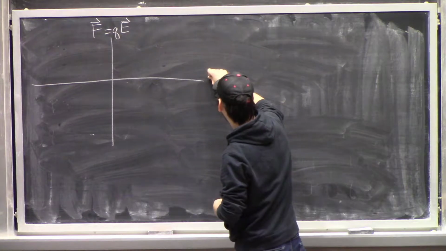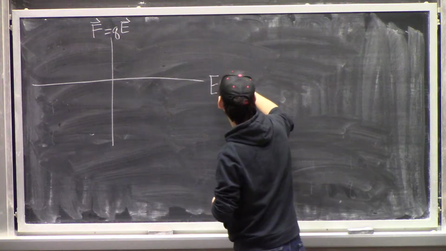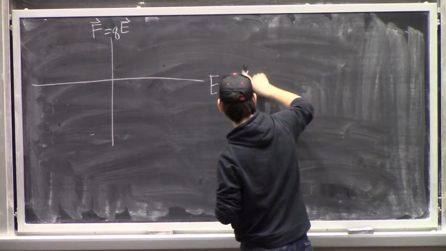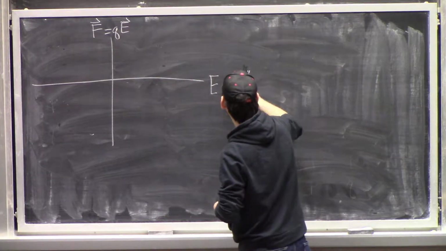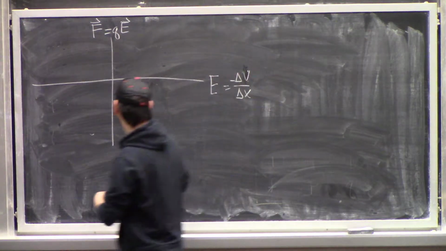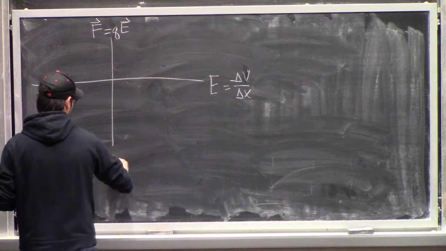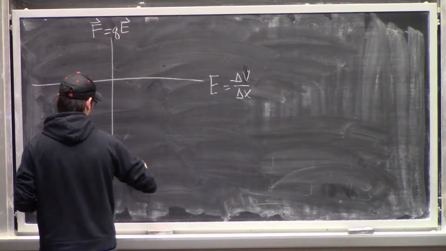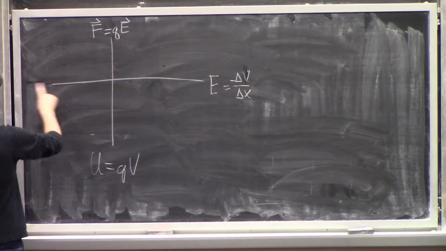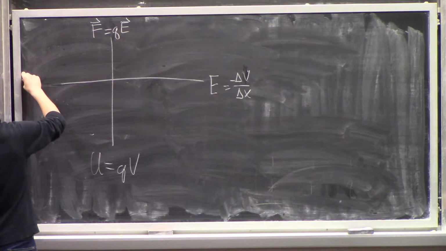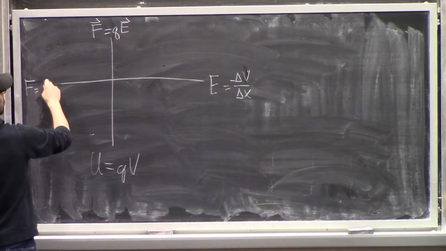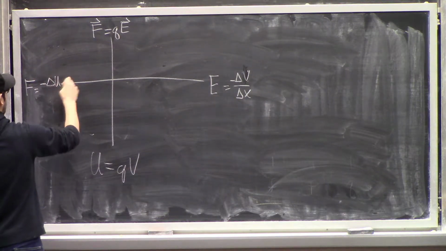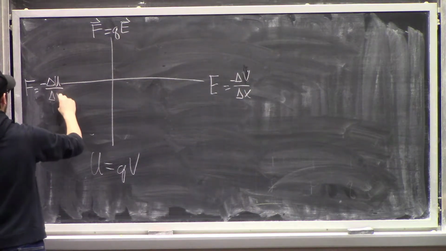The electric field is going to be equal to the negative change in electric potential divided by the change in distance. The potential energy is going to be equal to Q times V, and the force is going to be equal to the negative change in potential energy divided by the change in distance.